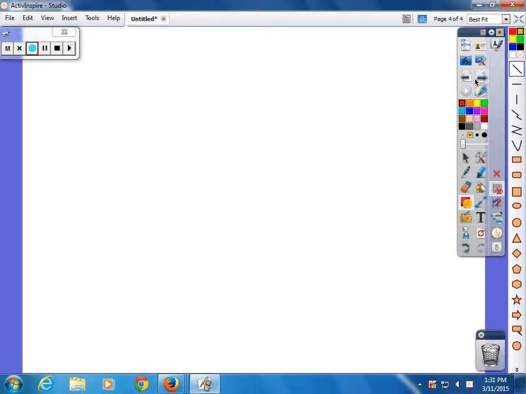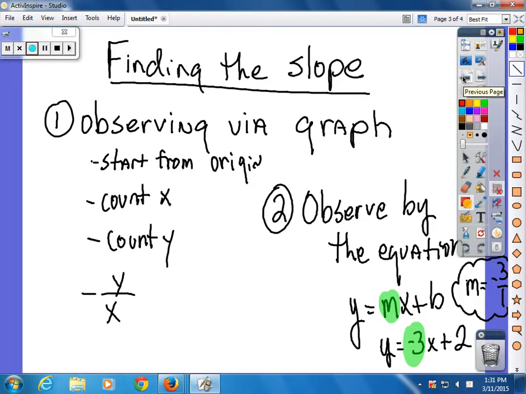Anyway, so that's how you find m when you have a formula. Now, in order for it to be in the equation form, you have to have y what? By itself. Y has to be by itself. So you have to solve it before you get to this point. How many of these will be on the test?